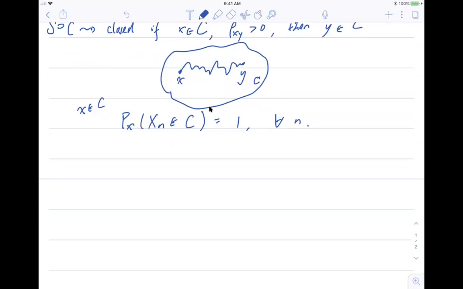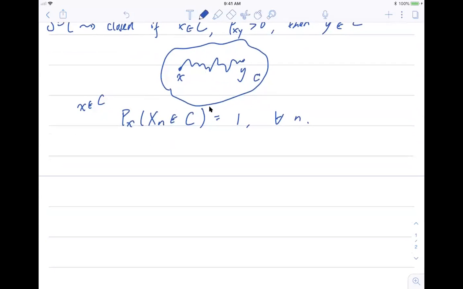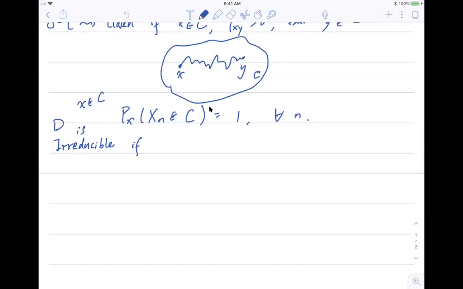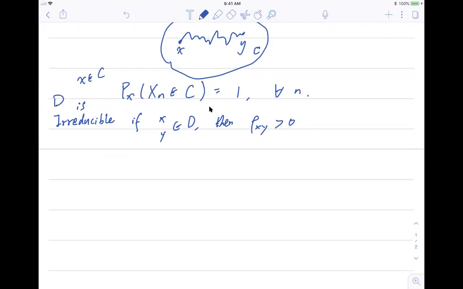There's another notion called irreducibility. Let D be a set. D is irreducible if the following holds: if X and Y are both in D, then rho XY is bigger than 0. What does this mean?